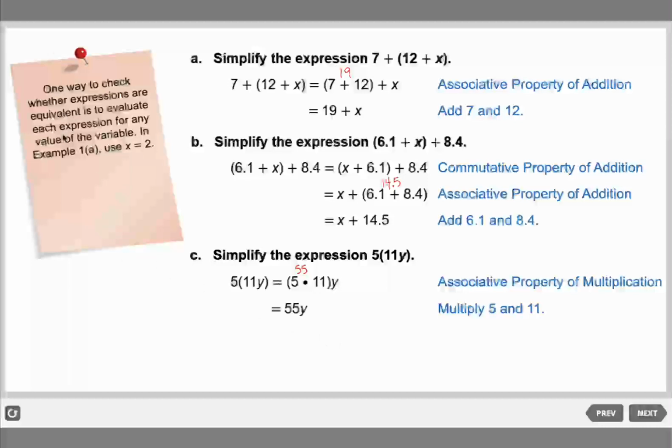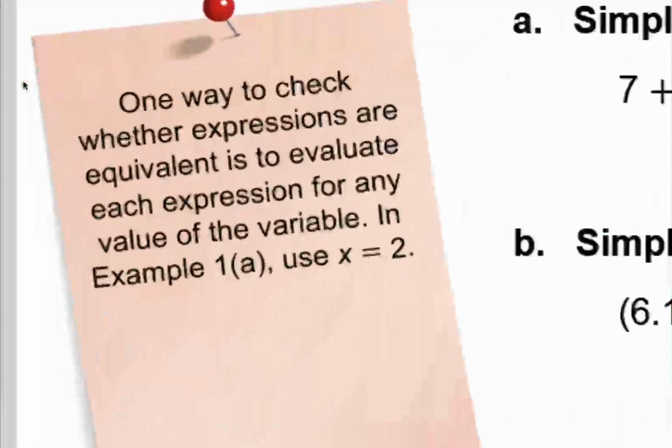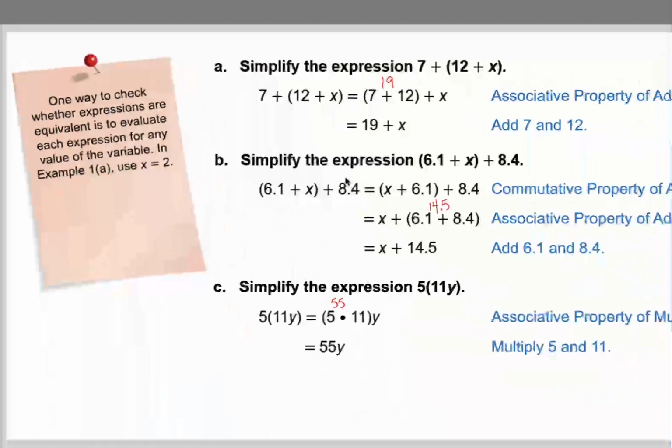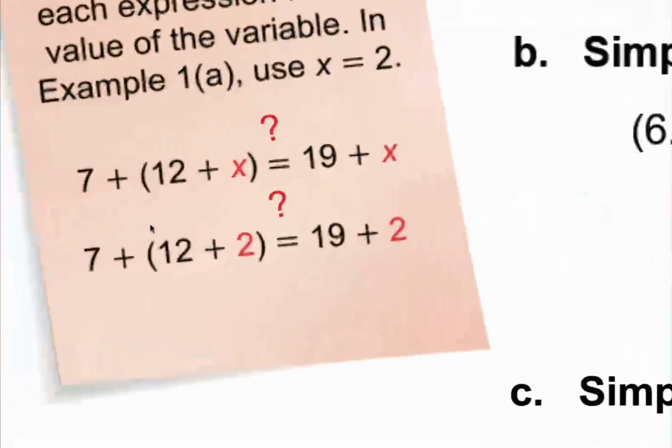Okay, if you need to check your work, you can use a value for x. For example, for the first one, if we use x equals 2, we are checking that 7 plus 12 plus x will be the same as 19 plus x, yes or no?